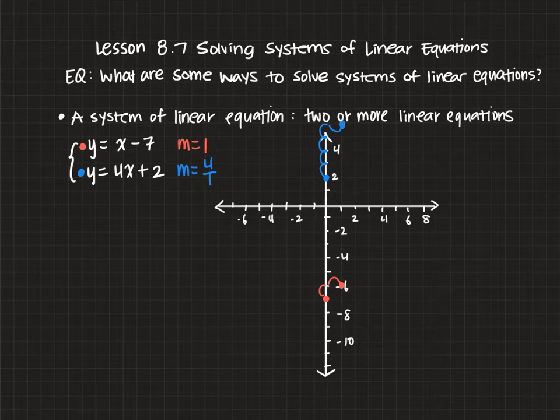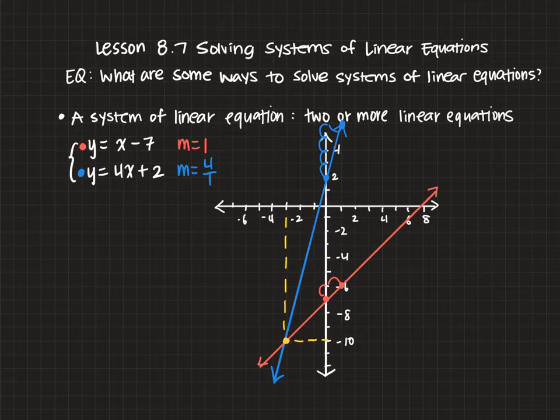Now when I graph these two equations, I find the point where both of these lines meet. And that is (-3, -10). So that's going to be my solution of this system of linear equations.